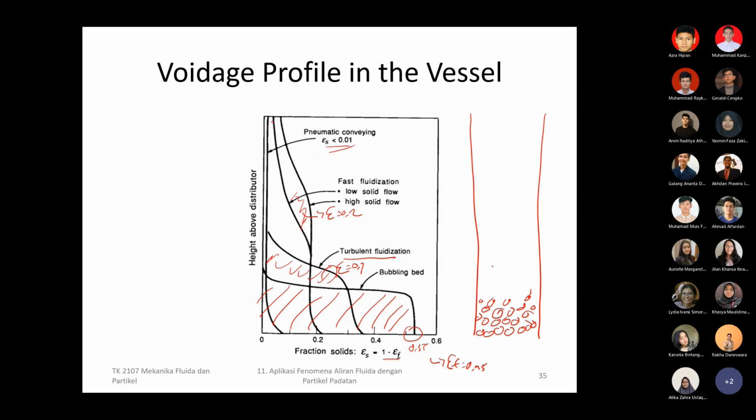So even as the size becomes smaller, it becomes less dense, up until the top where it's just like a dot, the smallest particle that can exit the vessel.